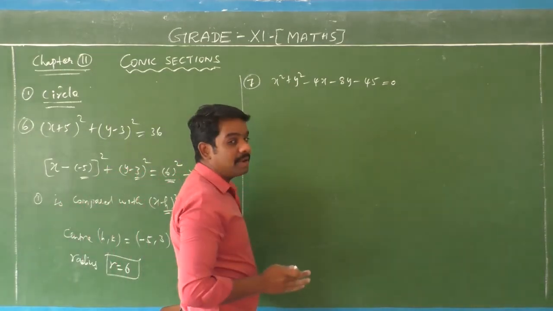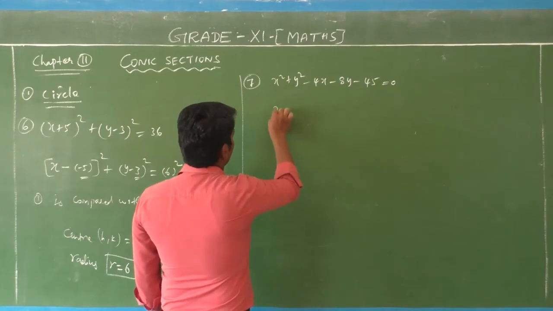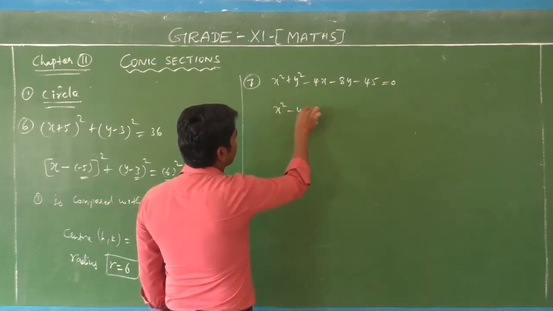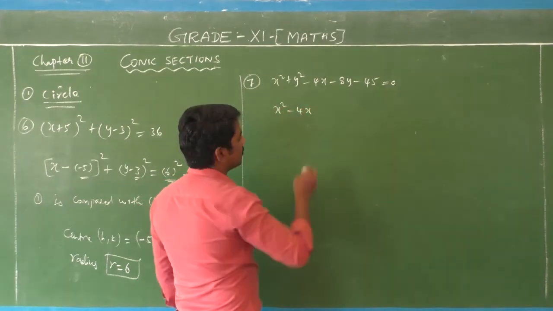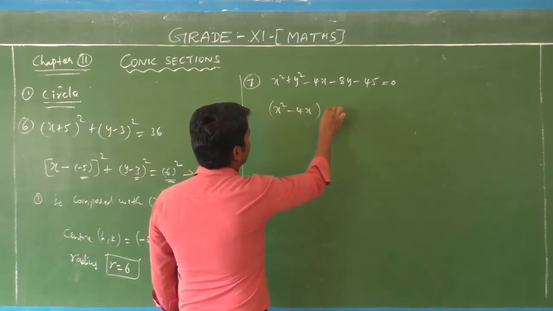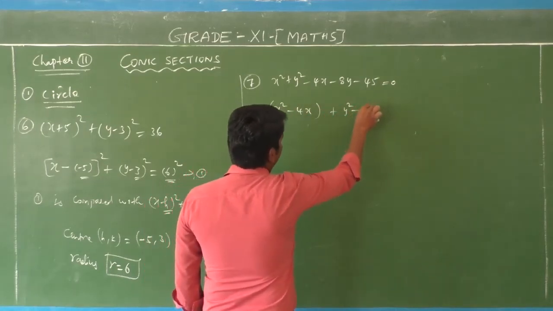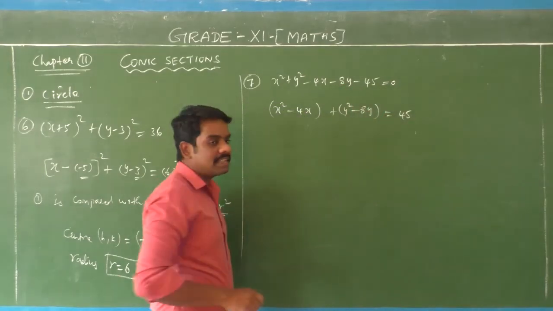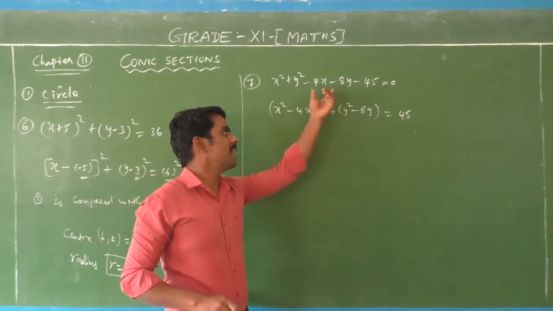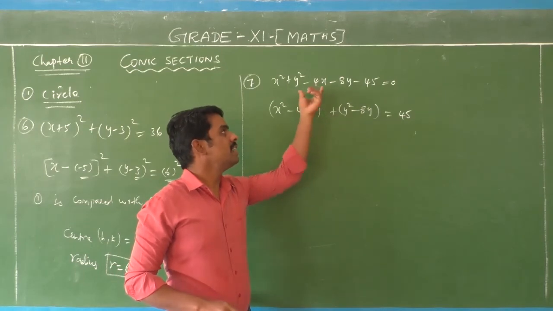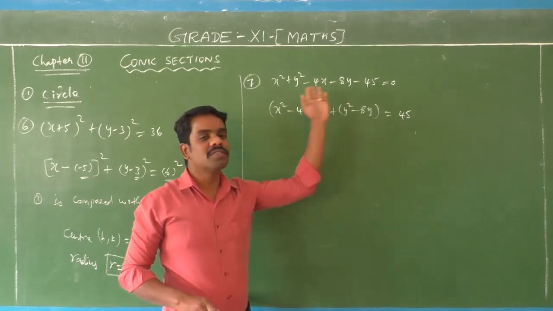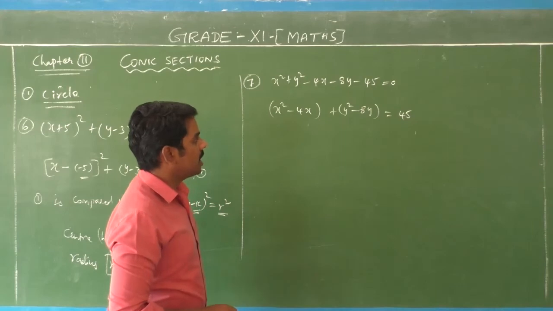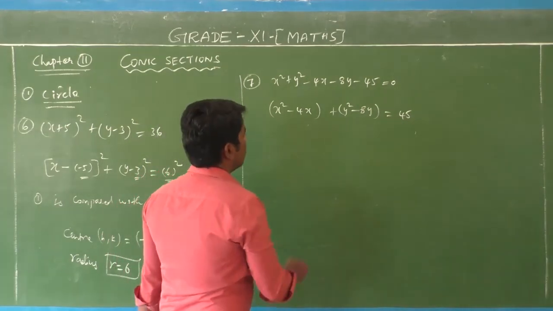Use the completing square method. Grouping terms, x square minus 4x plus y square minus 8y is equal to the constant 45, since minus 45 moves to the other side as plus 45.